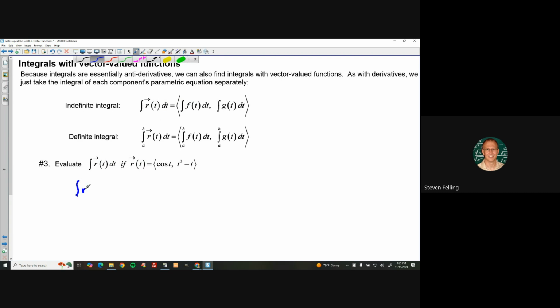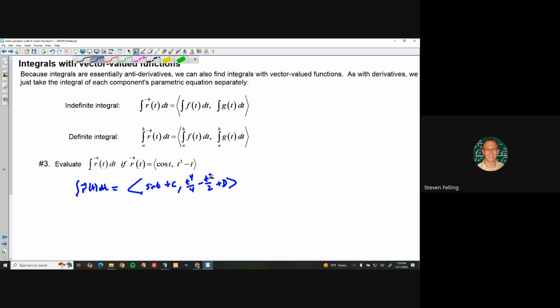The symbol would be the integral of the r vector. Then we take the antiderivative of cosine of t, which is sine of t, technically plus a c. And the antiderivative here would be t to the fourth over 4 minus t squared over 2 plus another integration constant.